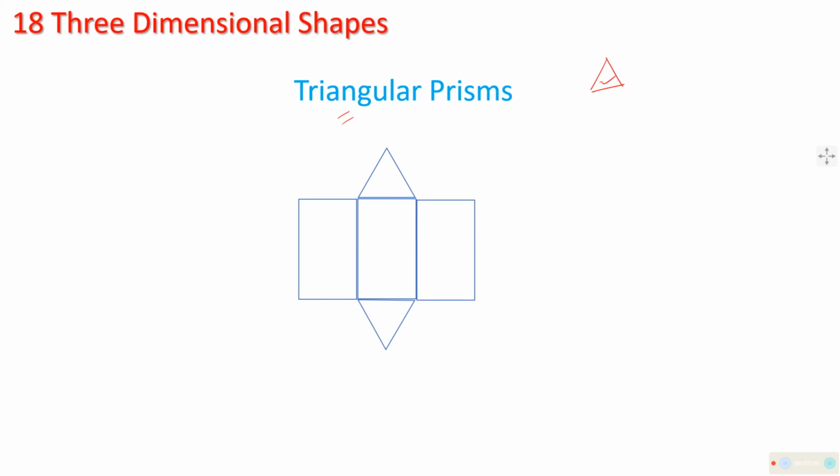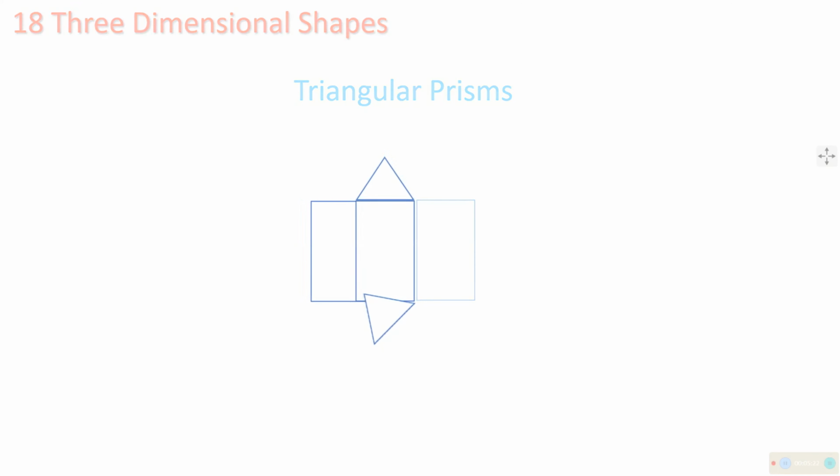While folding, we should take care that this edge will come in contact with this edge, and thereby three sides, or three faces, will be formed. This will become bottom and this will become top. So after folding, it appears like this. So this is a triangular prism because it is a triangle on top and bottom and the sides are flat.